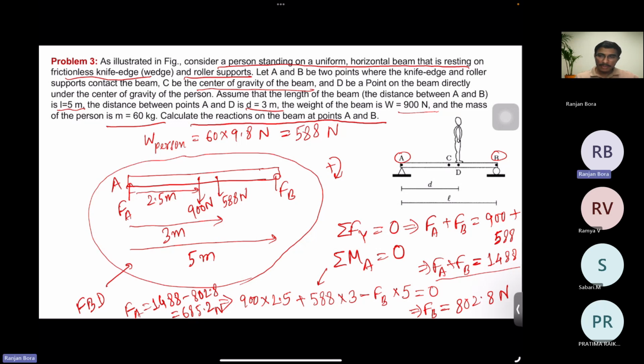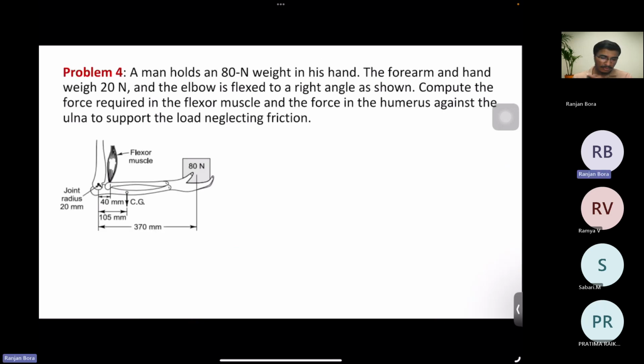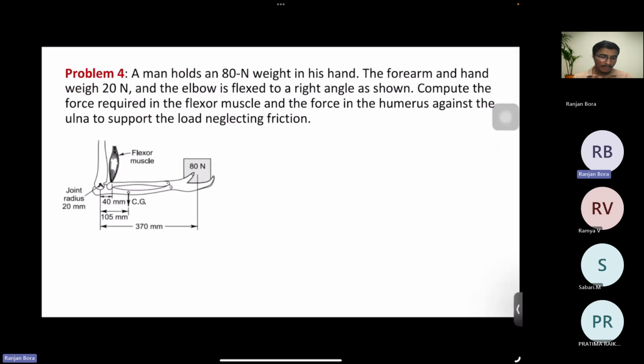So this is how you can solve the problems using these equilibrium conditions. I hope it is clear to you. There is one more problem, which you can try to solve by yourself.